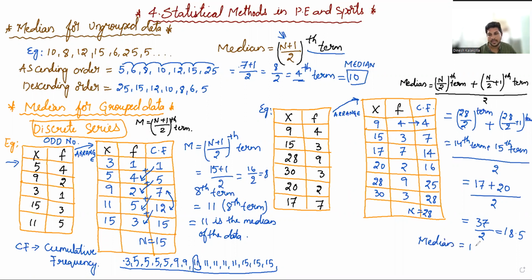Median is equal to 18.5. So this is how to find the median for odd and even numbers in discrete series. Let us see the continuous series of the grouped data.